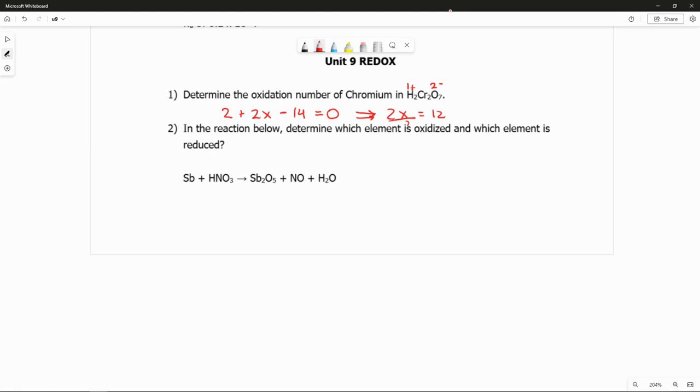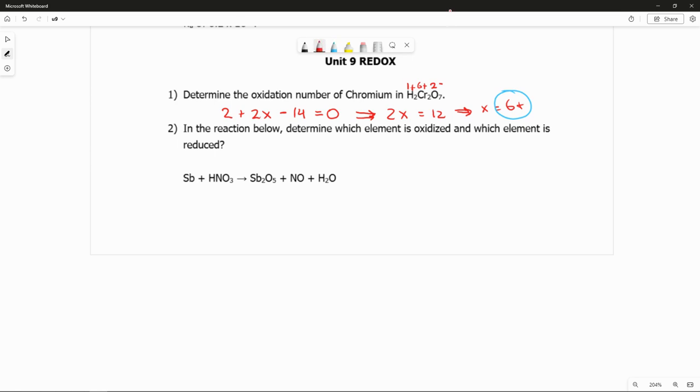And then we divide by 2 on both sides algebraically, and we get x equals 6. And that is a positive 6. So therefore, the oxidation number of chromium is going to be 6 plus. Let's write that on top, 6 plus for chromium, and this is going to be our final answer.